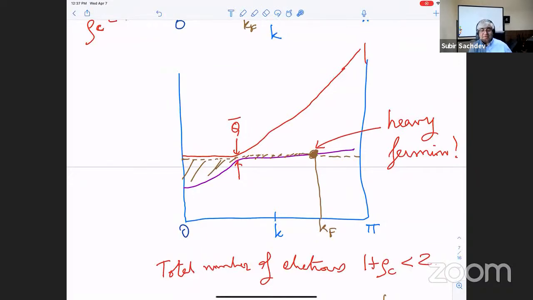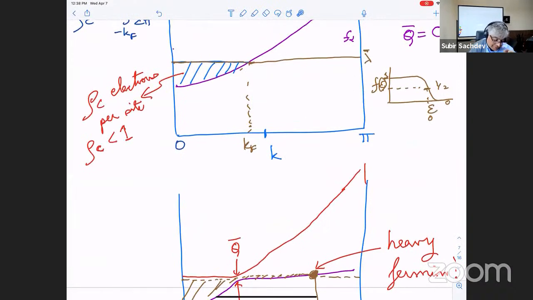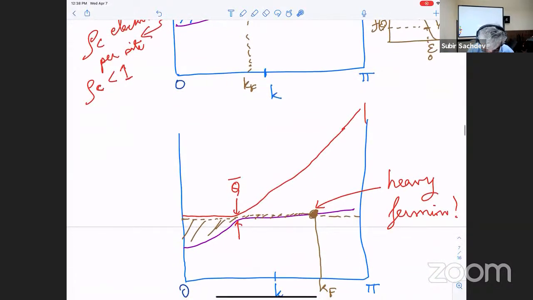It'll be of order q bar. So a Kondo insulator is a compound where rho_c is exactly 1/2, or 1. I'm sorry, in my pictures, rho_c was the number of electrons per site in the conduction band. In my notes, it's the number of electrons per site per spin. So sorry about that inconsistency. When in doubt, just go with the notes.